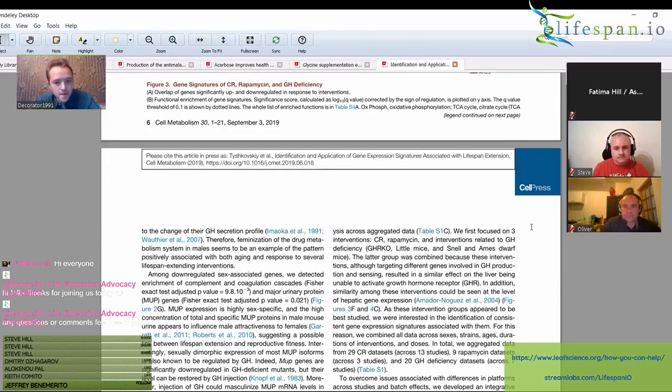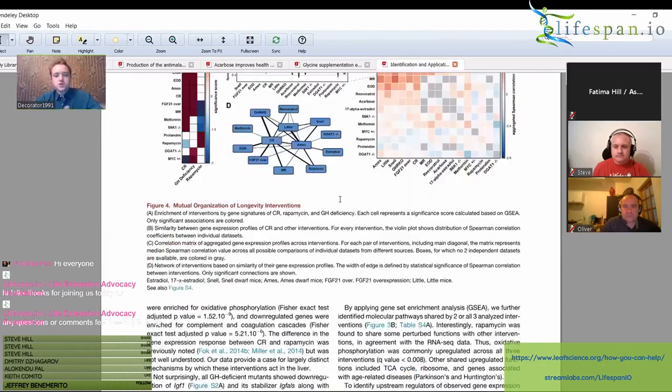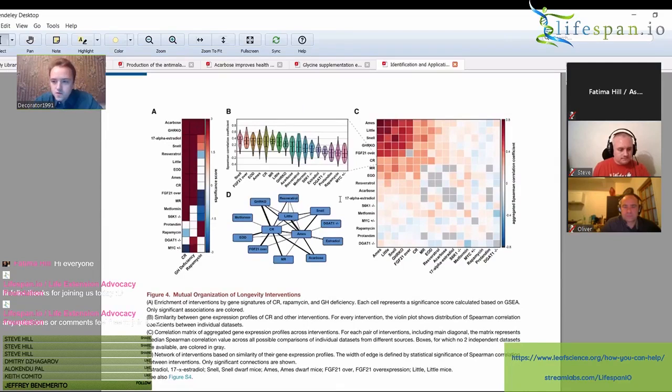The first thing we did was look at the similarity between different interventions, how similar in general their effect is. We're talking now not about individual genes, but about the global gene expression effect. We had different approaches, but the main unbiased approach was to look at pairwise correlation coefficients between different data sets from different sources.